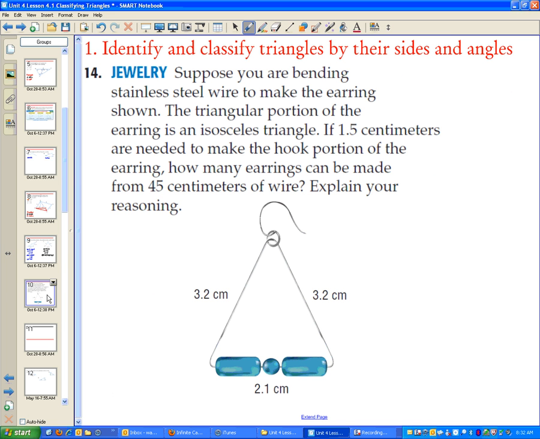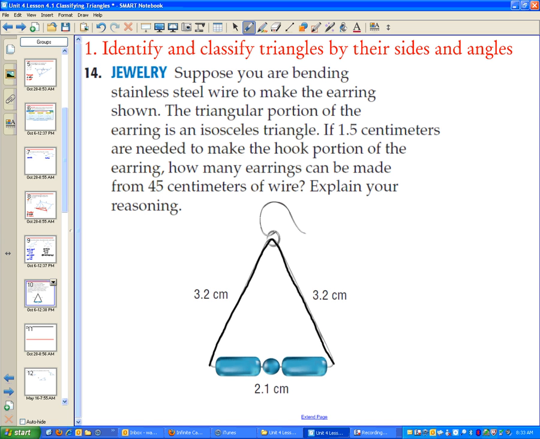Last one we're going to do together. Suppose you are bending stainless steel wire to make the earring shown. The triangular portion of the earring is an isosceles triangle. See? 3.2, 3.2.